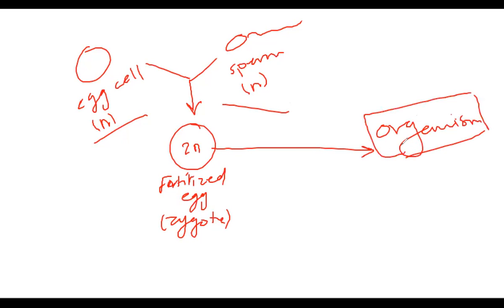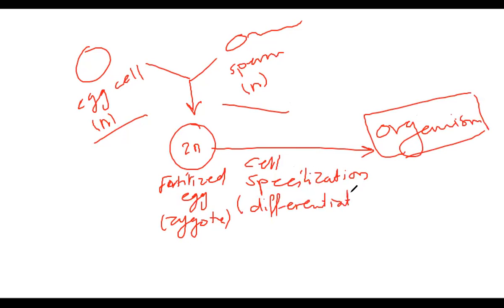The keyword in this process is cell specialization, or differentiation. This process makes the new cells that are produced from the division of this cell become specialized in certain organs or certain tissues, with certain functions.